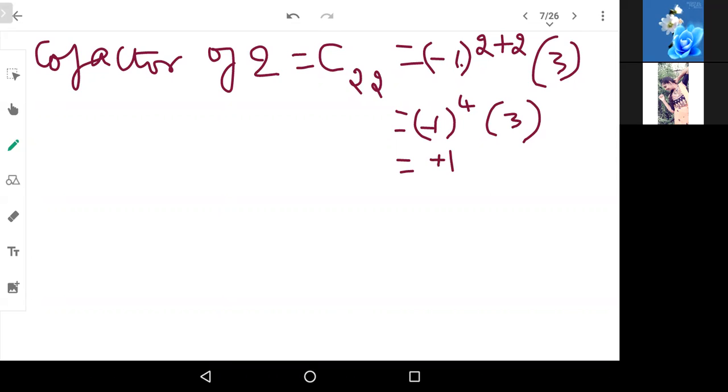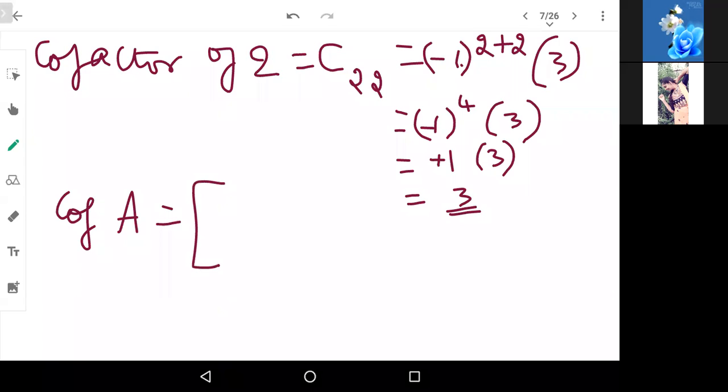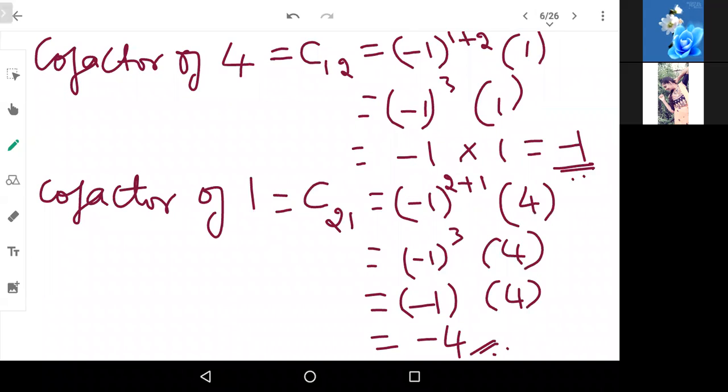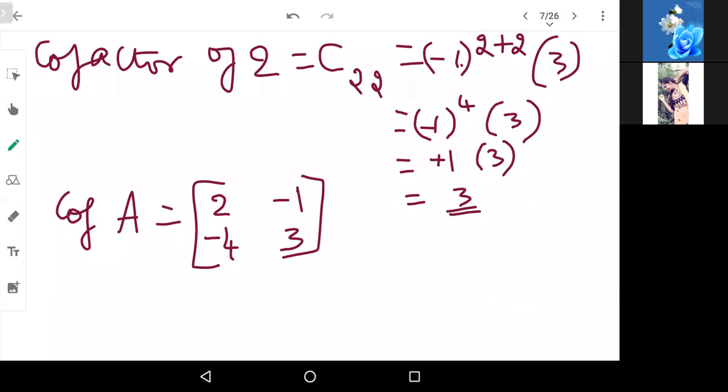If you have a positive power, it will be +1, into 3. So the cofactor will be 3. Now cofactor of A, that was the matrix A. Now the cofactor of matrix A will be 2, -1, -4 and 3. So this will be the cofactor of A.